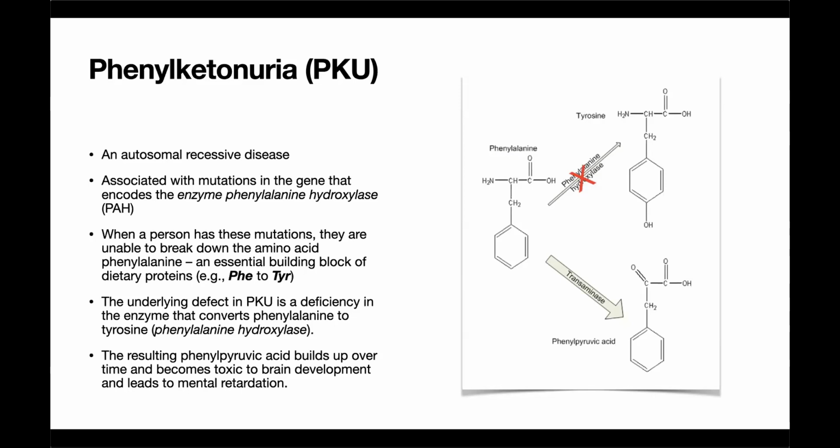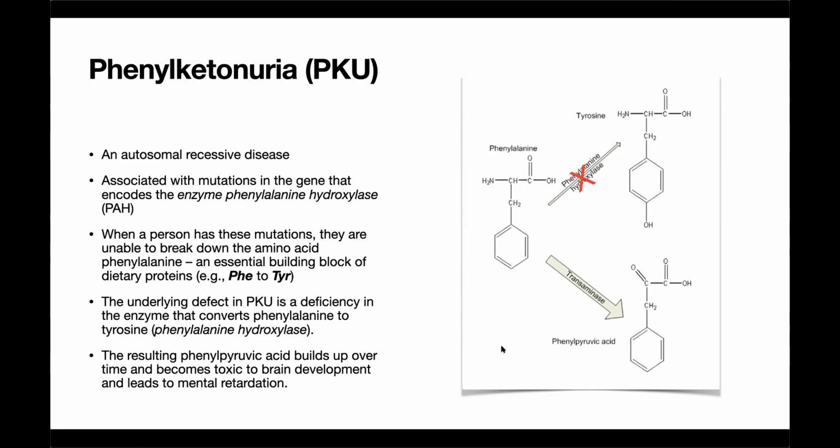So they are neonatal tests. PKU, or phenylketonuria, is also an autosomal recessive disease. It's completely different in what it does from sickle cell anemia, but it has a very similar genetic basis. It's associated with mutations in one gene that encodes one enzyme called phenylalanine hydroxylase, or PAH.